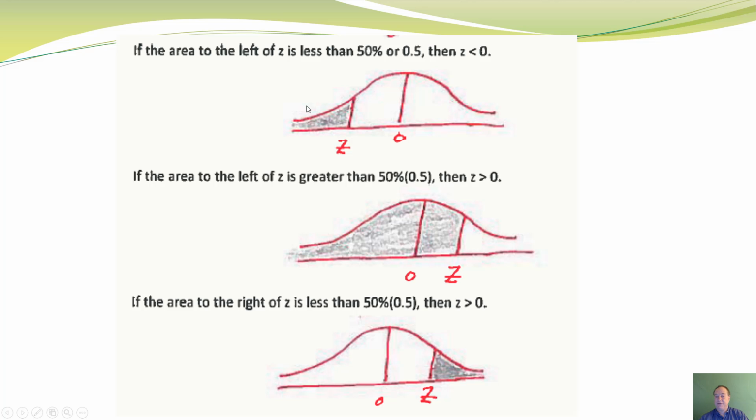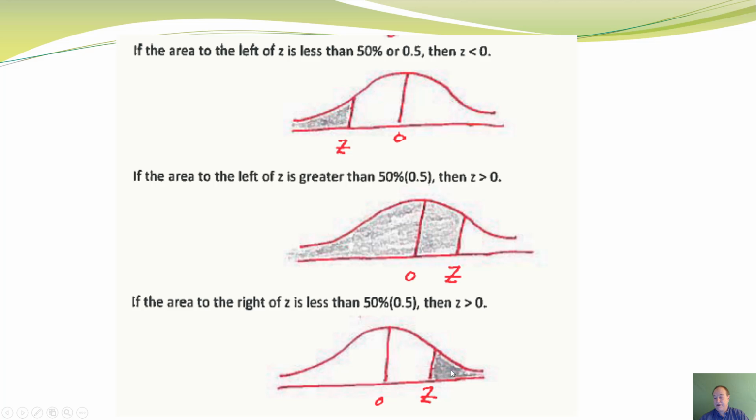Does that make sense? If this shaded area is less than 50%, that's going to put z to the left of 0. If the area to the left of z is greater than 50%, then z is going to be greater than 0. So if this shaded region is greater than 50%, that's going to put z over here on the positive side.